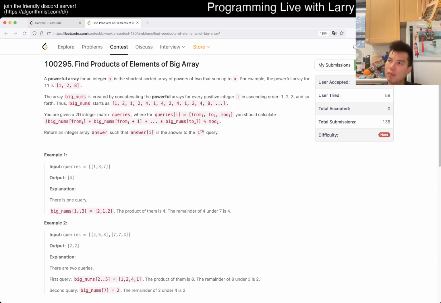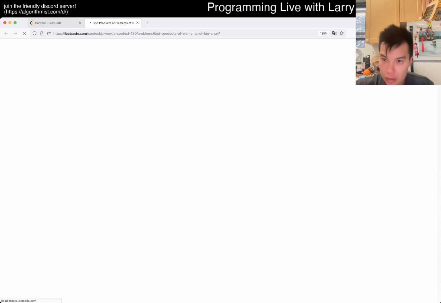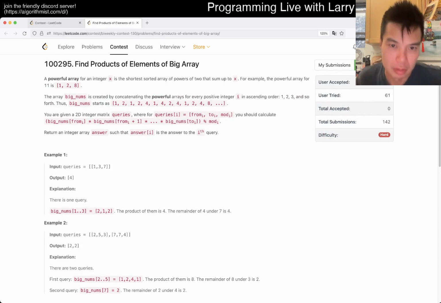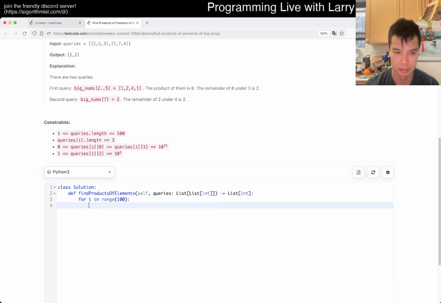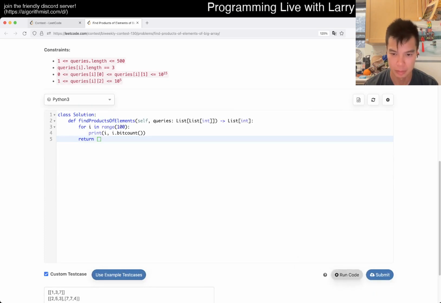So then it's just the number. What's it called? Bit count. Is it bit count?